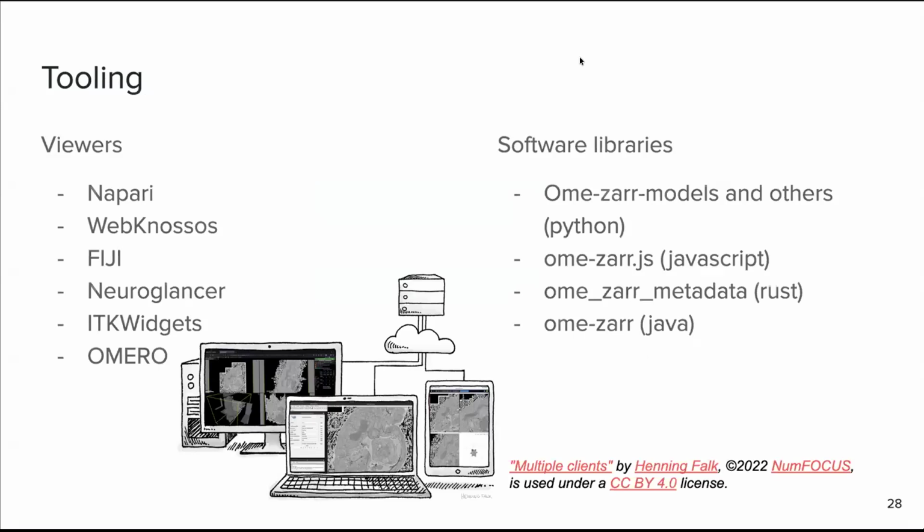So on those tooling decisions, we have really good support for OME-Zarr across lots of popular image viewers for bioimaging. So you may well have come across Napari, WebKnossos, Fiji in particular. Neuroglancer is quite a big one, and Omero itself, produced by OME.